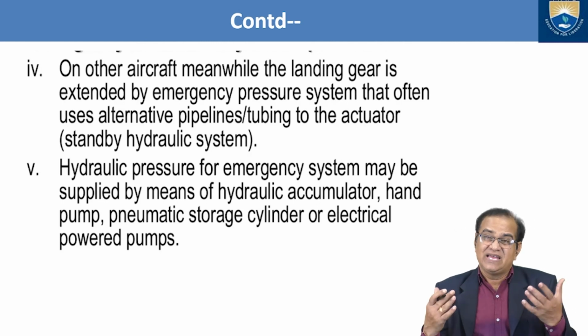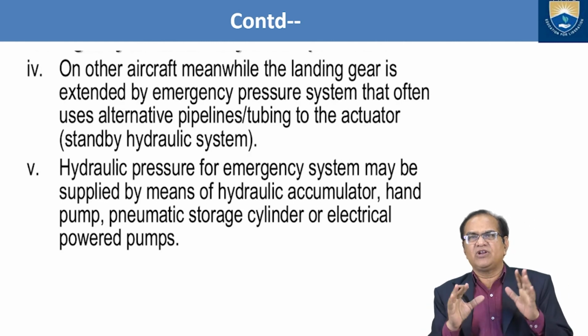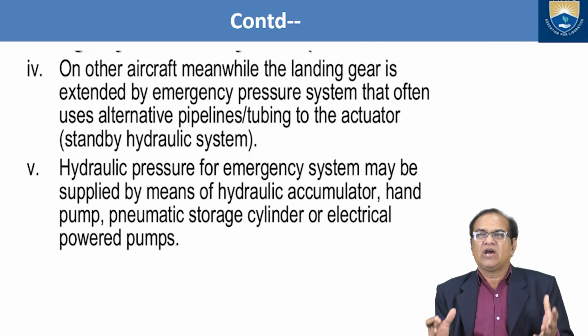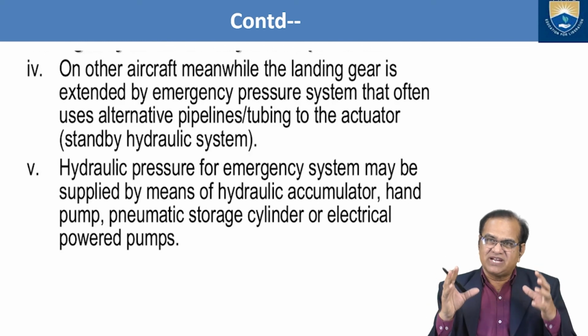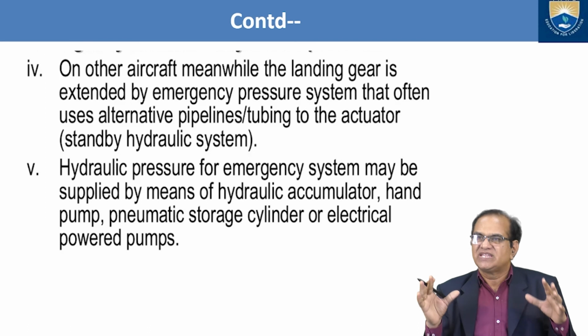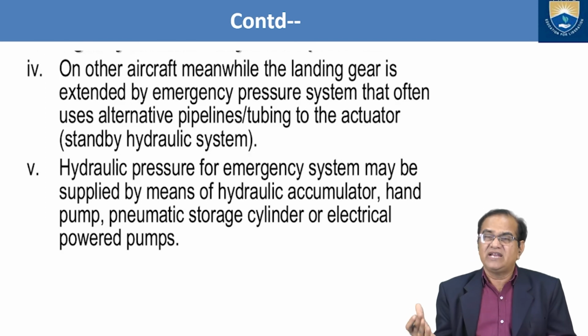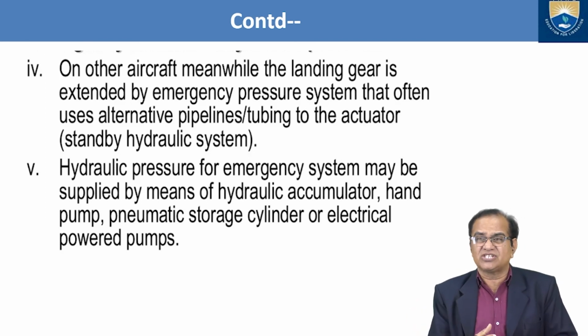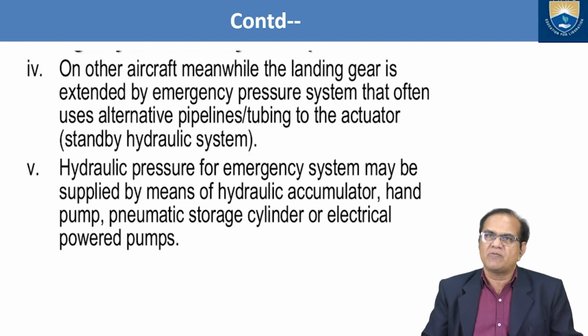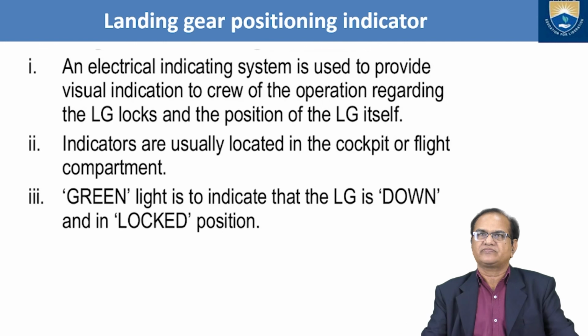So these are the secondary systems by which the hydraulic system can be operated. It may be the hydraulic accumulator, where high pressure nitrogen and high pressure hydraulic fluid are there, and for the time being the system will be operated. And then we have the pneumatic storage bottle or cylinder, or if it is not there, some electrical power pumps are also used to operate the hydraulic system.